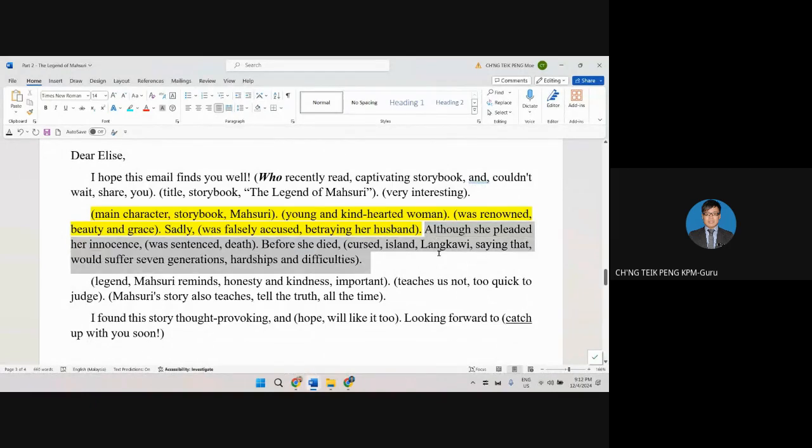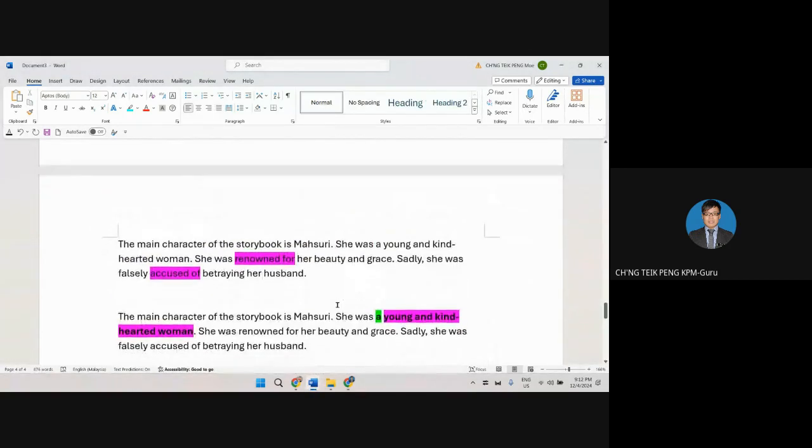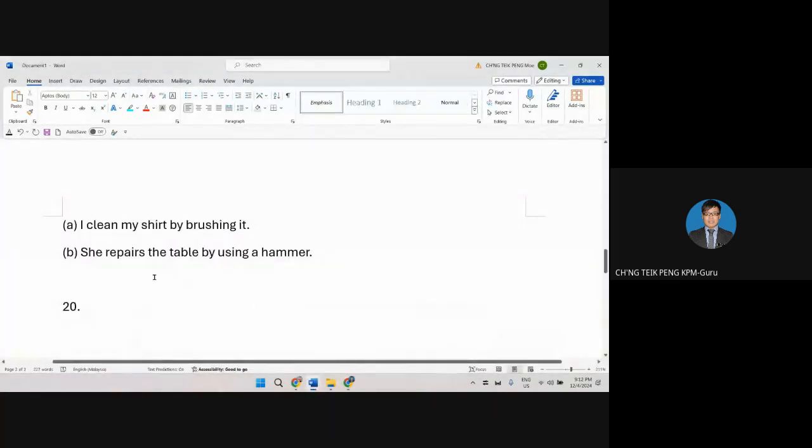Although she pleaded her innocence, so pleaded her innocence, I think this is quite difficult. So let me just jot down for you. Pleaded her innocence means said that she was innocent. Innocent is not guilty.